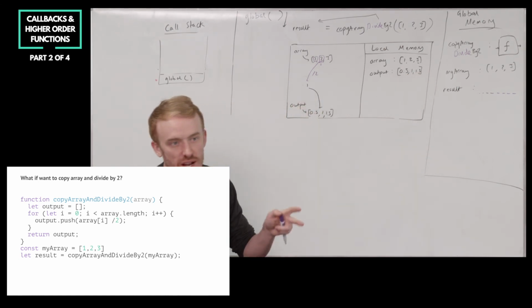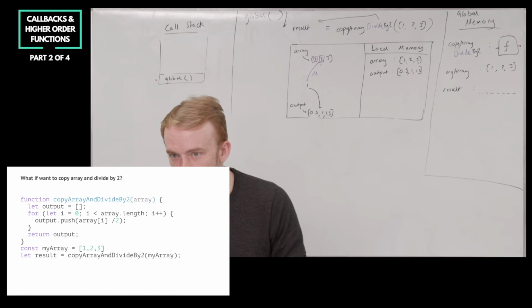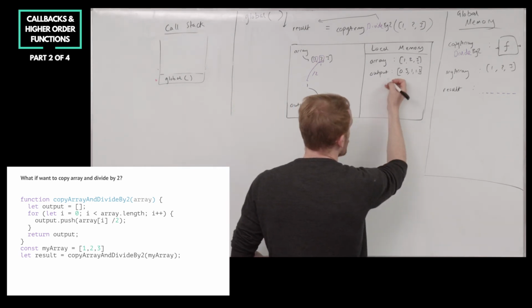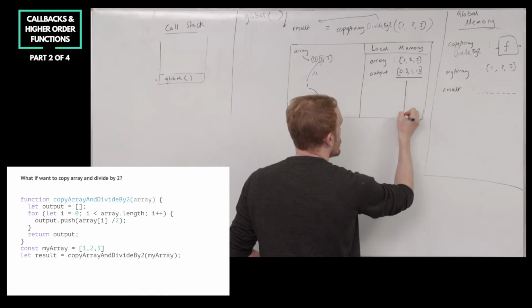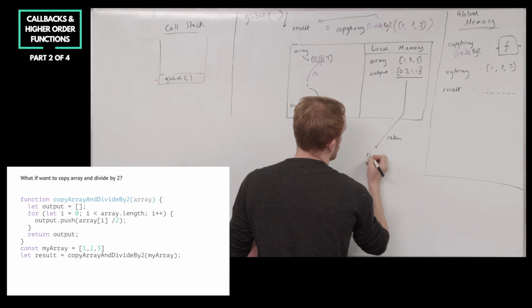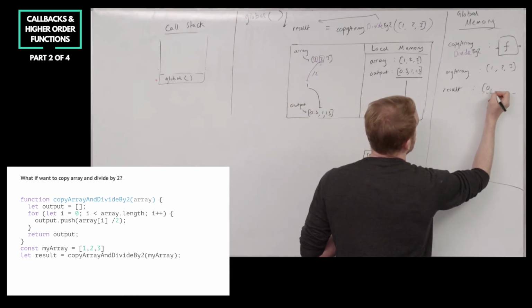And now we hit the close of our function, the final line, Lewis, which says what? We're returning the output, which is the array containing 0.5, 1, 1.5, into our global memory, which is the result, the result global variable. And look at that.